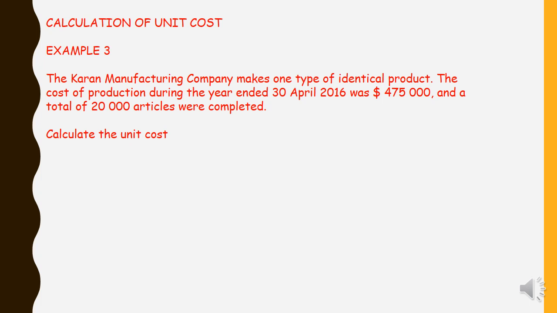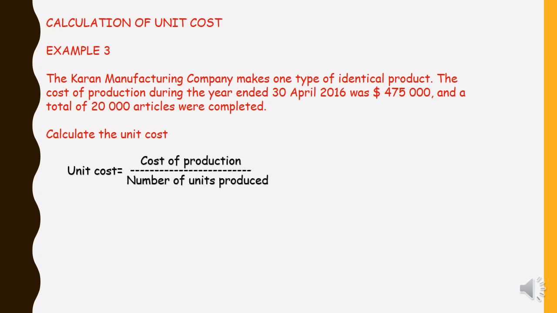The formula to calculate cost per unit is cost of production divided by number of units produced. Our cost of production is 475,000. We produced 20,000 units, so we divide by 20,000, and we get the cost per unit, which is $23.75.